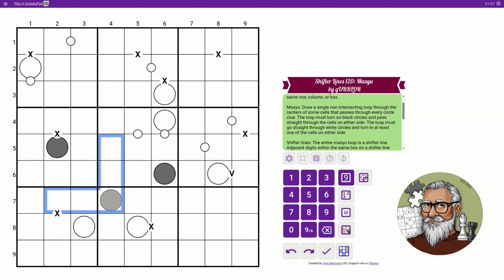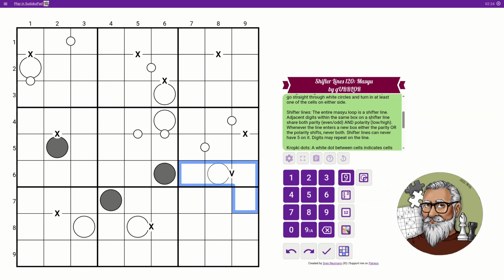The loop must go straight through white circles and turn in at least one of the cells on either side. Okay, so straight and then turn on one of the sides. Okay. Right.